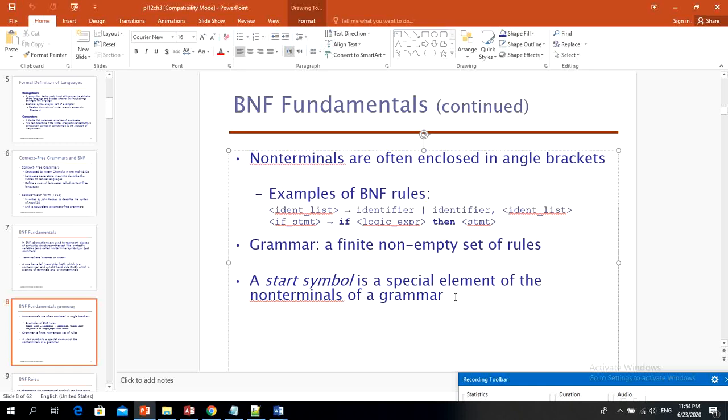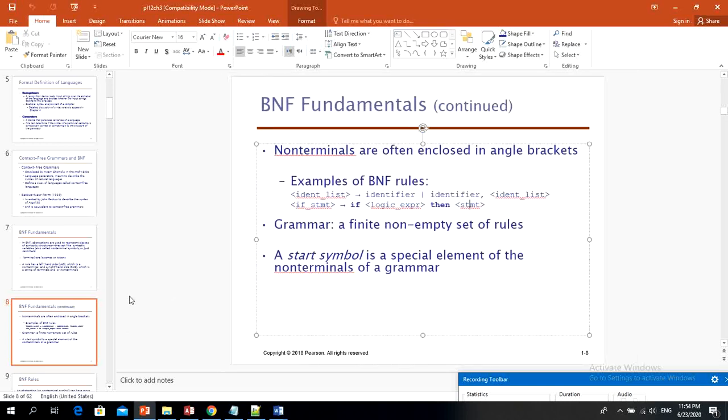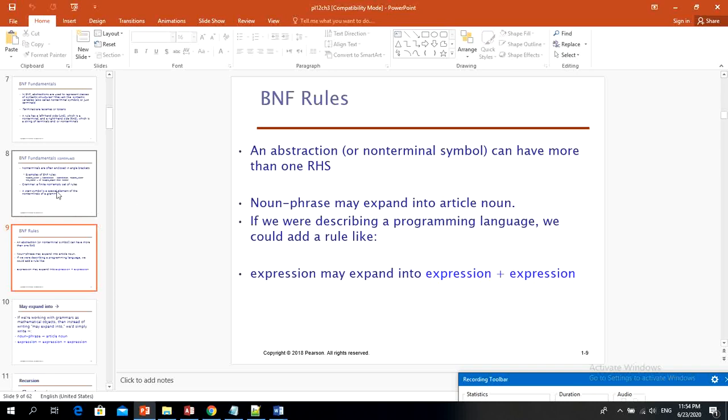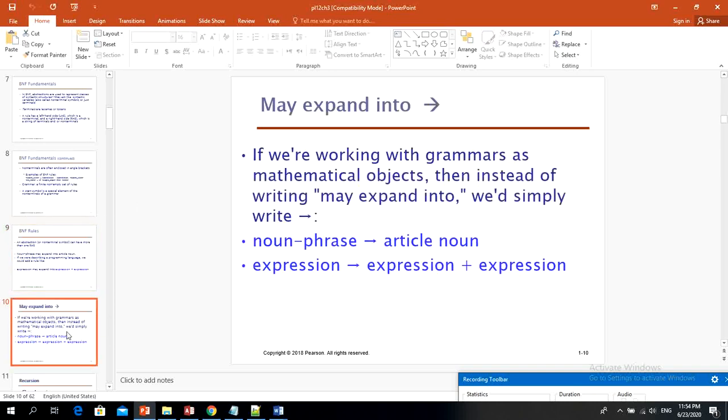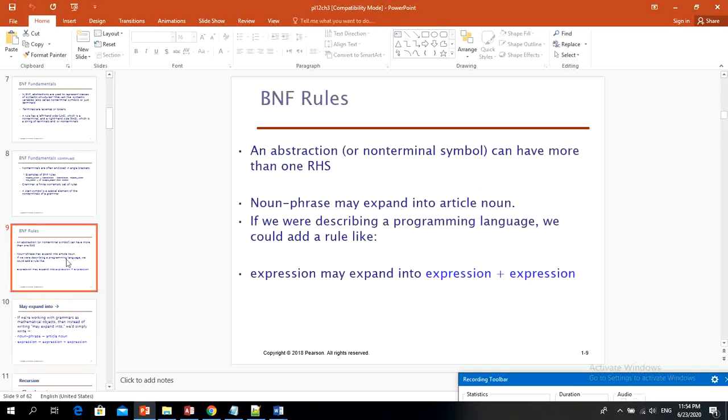The start symbol is a special element of the non-terminals of this grammar. This start symbol means expand into, or determines, or implies, as in the English language.